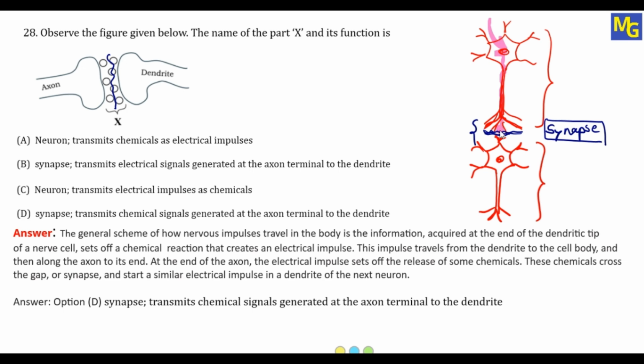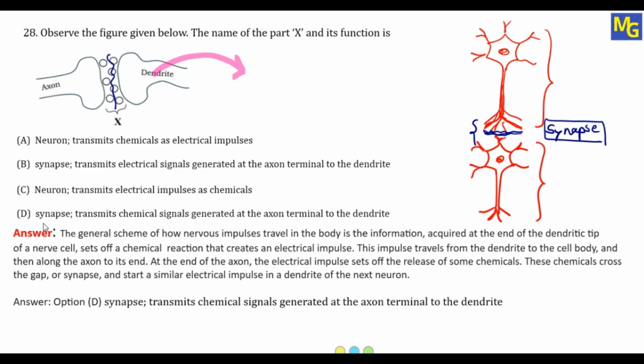Here these electrical signals are again converted into chemical signals, and therefore these chemical signals are transferred from axon to dendrites. Remember this: from axon to dendrites chemical signals will transfer, and from dendrites to axon electrical signals will transfer.